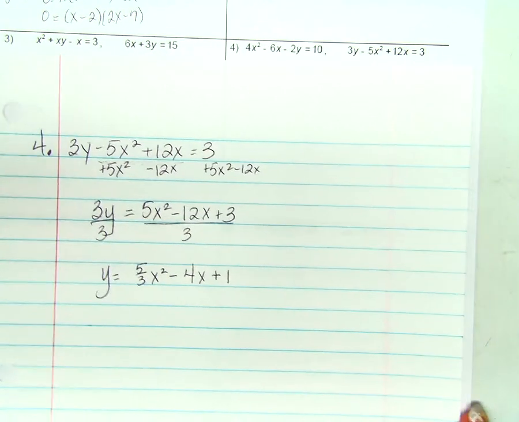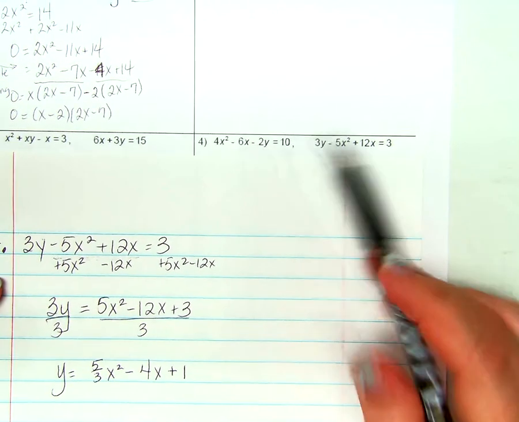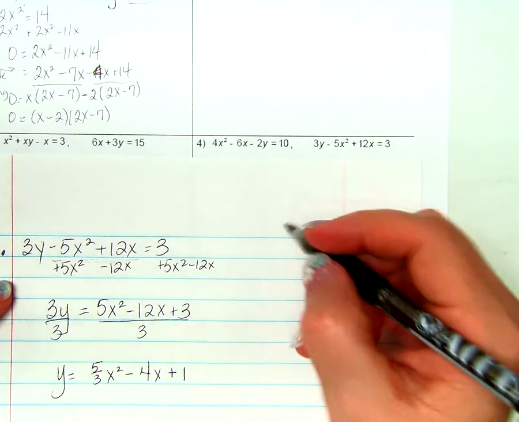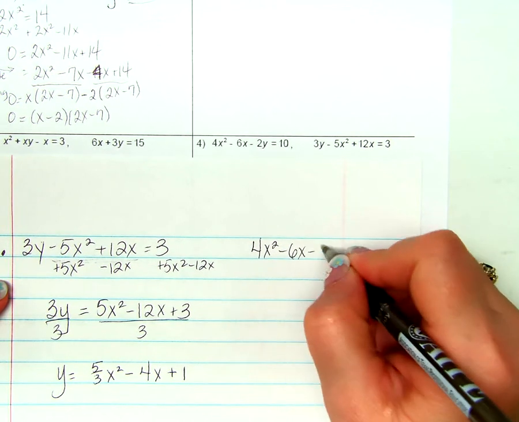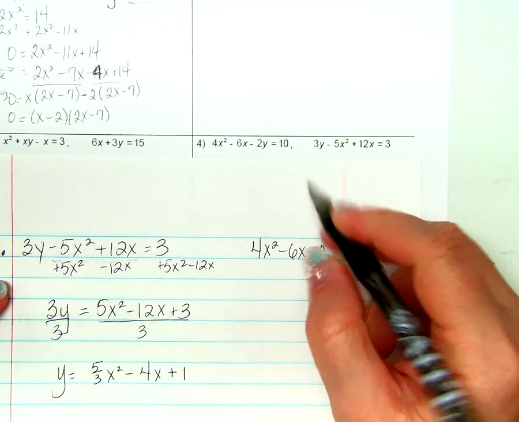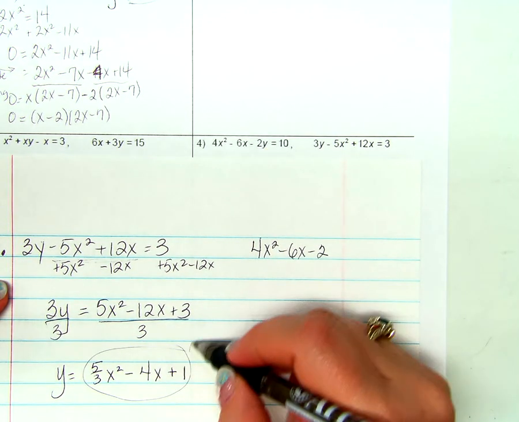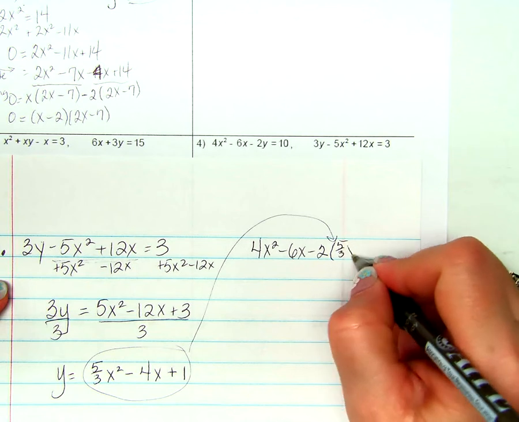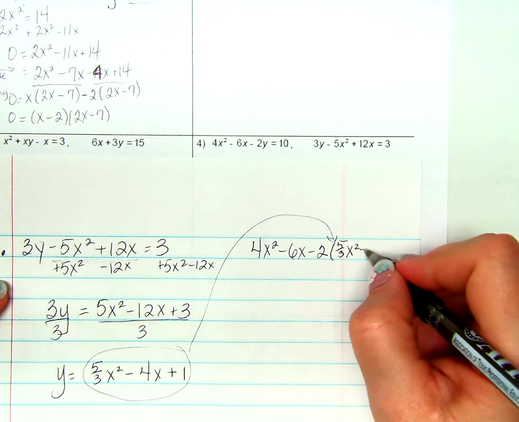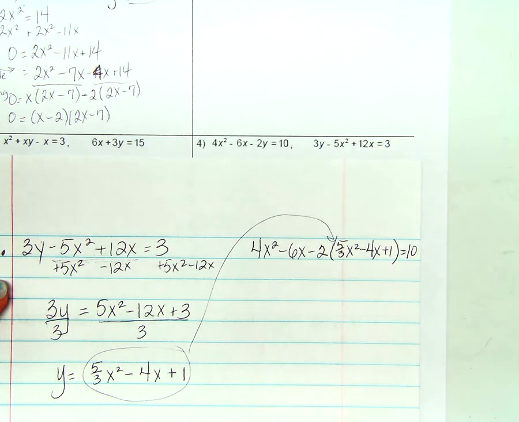Yes. Okay. So now I need to go back to the other equation that I was given. Okay? 4x squared minus 6x minus 2, but I don't want to write y, do I? I want to write what I know y equals right there. So 5/3 x squared minus 4x plus 1, and that all equals 10.